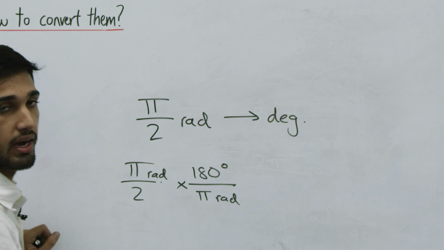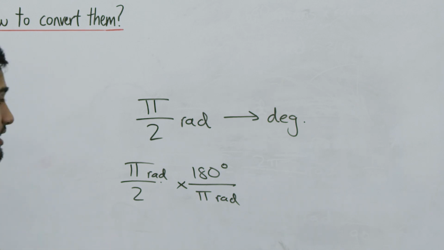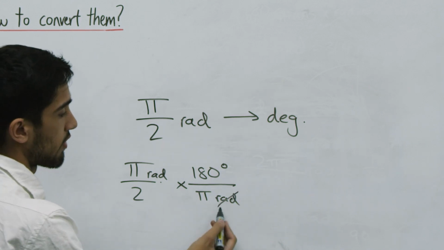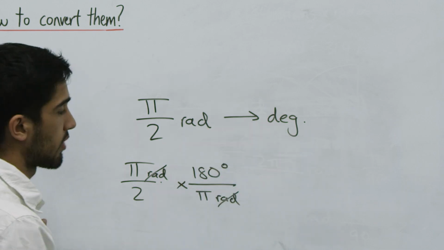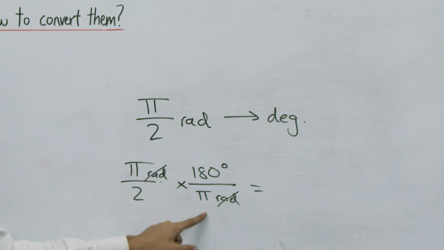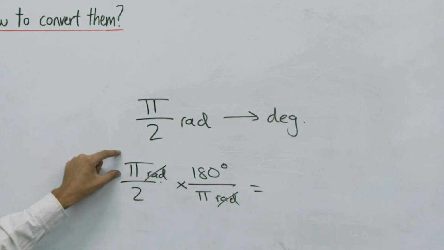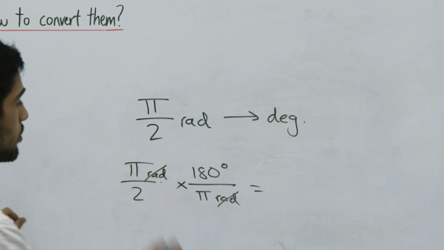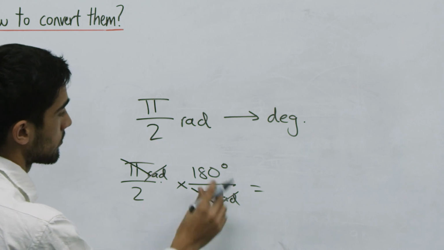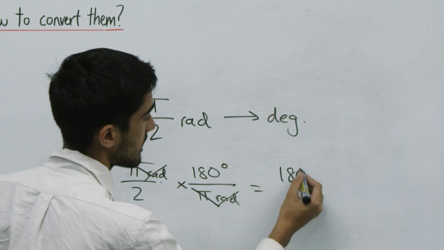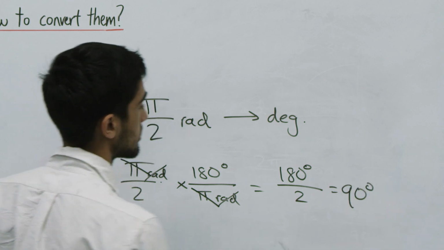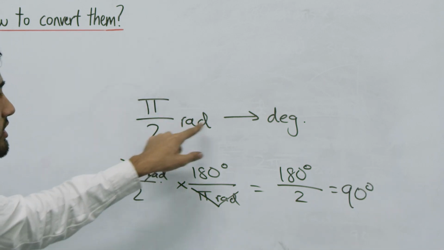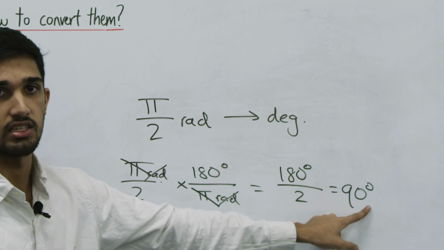Now, like I said, the exact opposite happens where the radians will cancel and we'll be left with degrees, and that's how we're converting from radians to degrees. So to simplify this, the pi on the top and the pi on the bottom will also cancel, and we will get 180 degrees divided by 2, which is 90 degrees.